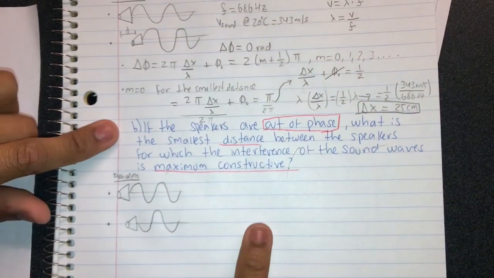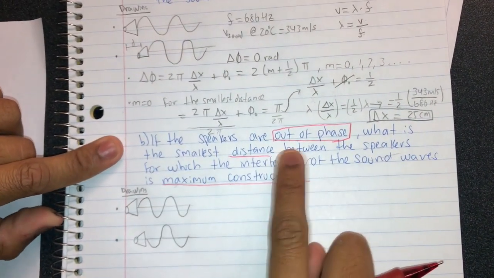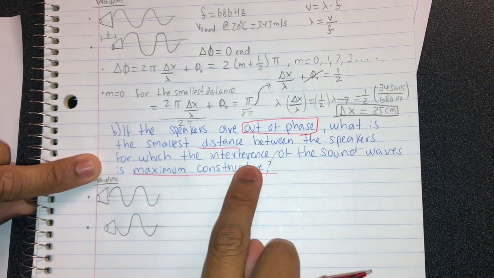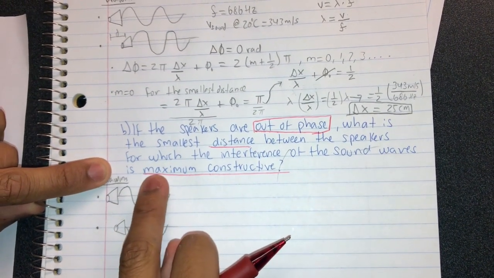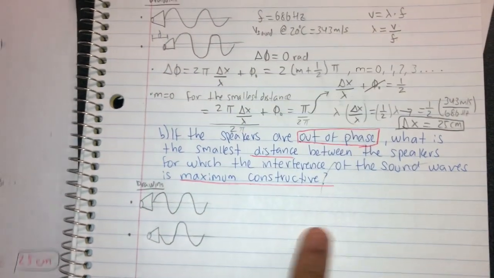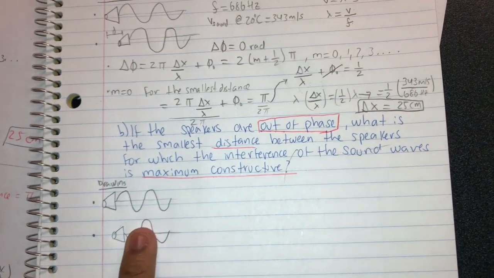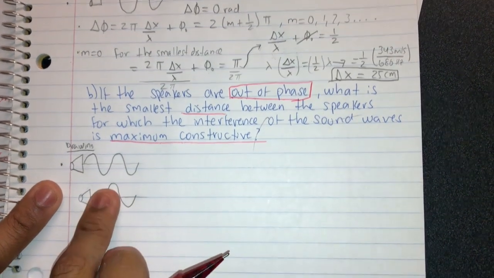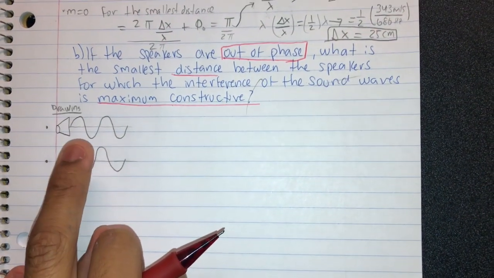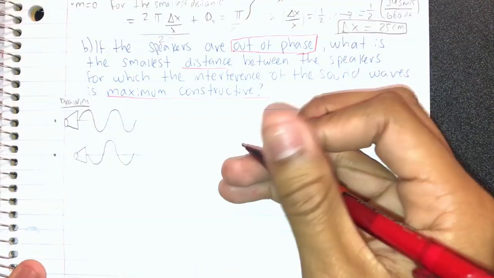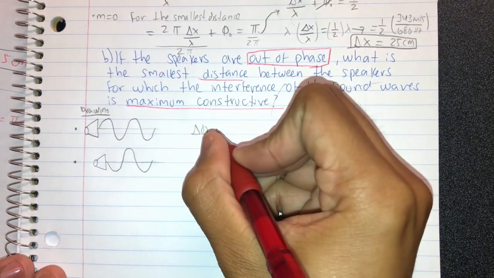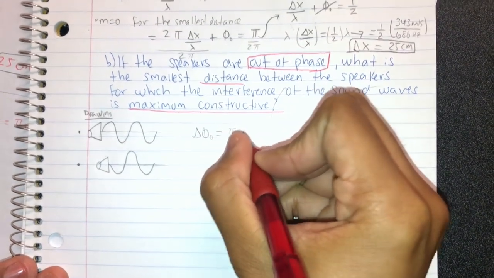For the second part B, if the speakers are out of phase, what is the smallest distance between the speakers for which the interference of the sound wave is maximum constructive interference? For this one, we have drawn this image which shows maximum constructive interference. From this, because the speakers are out of phase, we can conclude that phi naught equals pi rad.